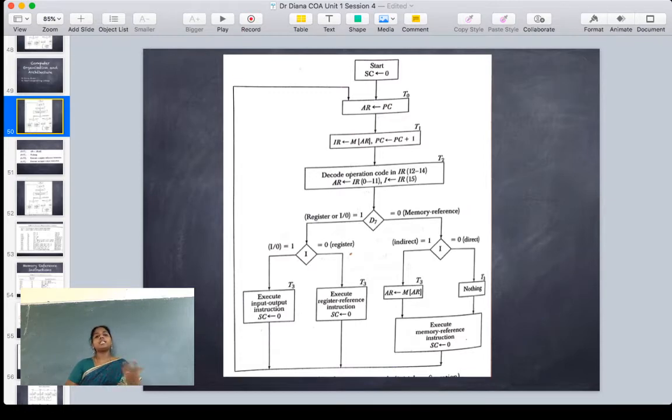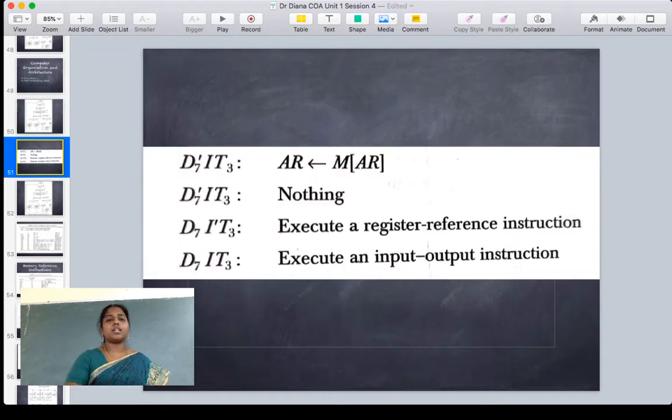And then if D7 is 1, it can either be a register reference instruction or an IO instruction. D7 equal to 1 and I equal to 0 indicates a register reference instruction. So this is the condition that determines what type of instruction each of these control inputs may generate.